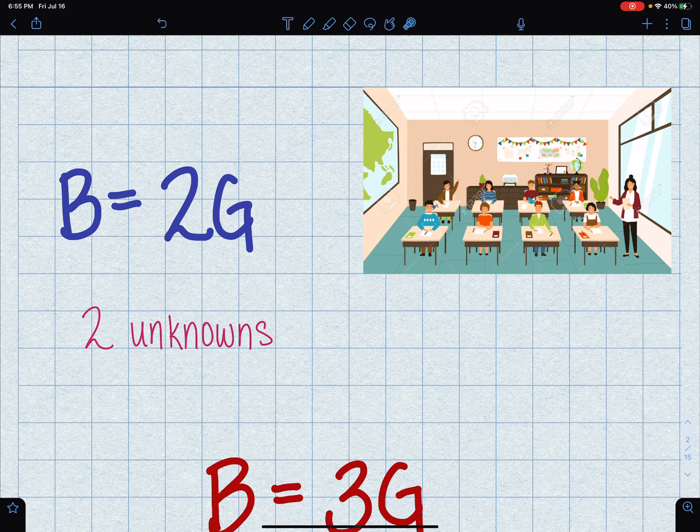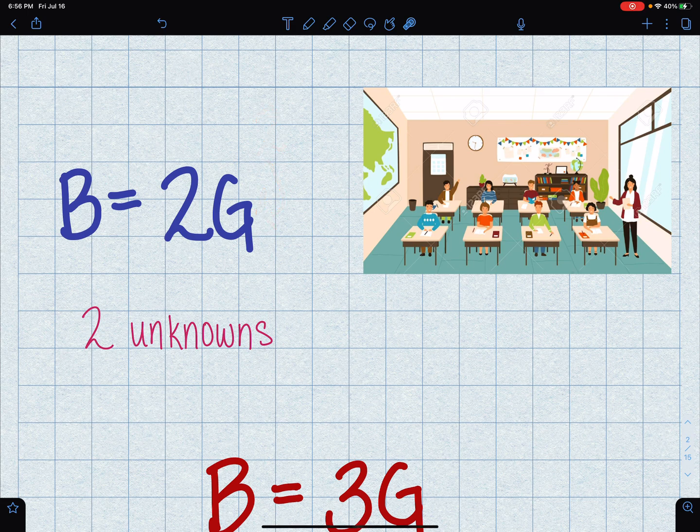Just think about it this way. Put in a number 1 for the number of girls. That means there's only one girl. How many boys will there be? There will be 2 because it's 2 times 1. So you know there's more boys than there are girls, and it turns out there's twice as many boys because if you put the number of girls as 2, 2 times 2 is 4, so the number of boys is going to be 4.